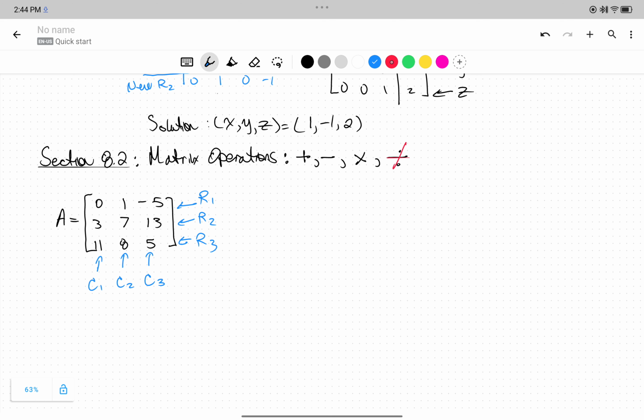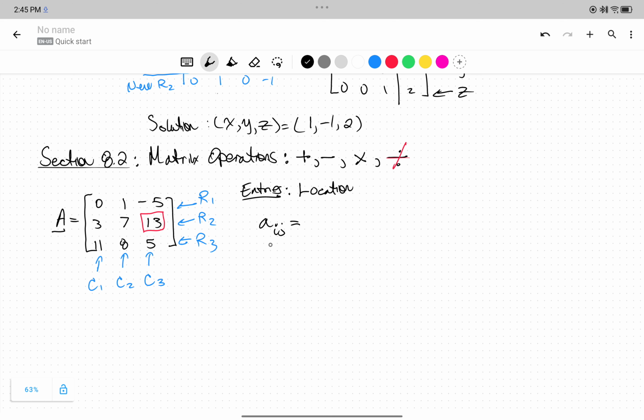So then if I want to specify a location of one of these numbers inside, so the numbers inside, they're called entries. So the specific entry, if we want to talk about its location, since this is capital A, the entries we use lowercase a, and then there's going to be two numbers, i and j.